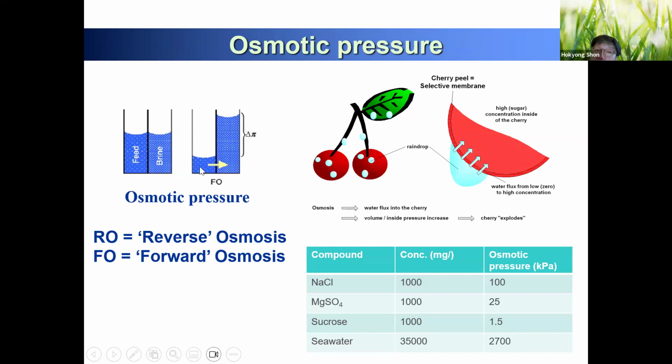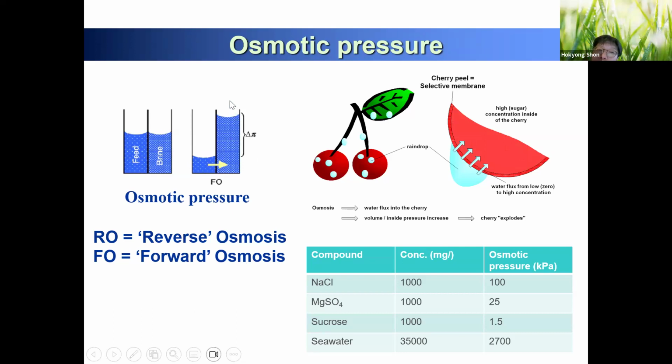Water is going through toward the high concentration to make the same concentration. So we just say diffusion, osmotic pressure. This is forward osmosis. Depending on the concentration difference of the salt, you have an osmotic pressure because of diffusion. So we just say forward osmosis.